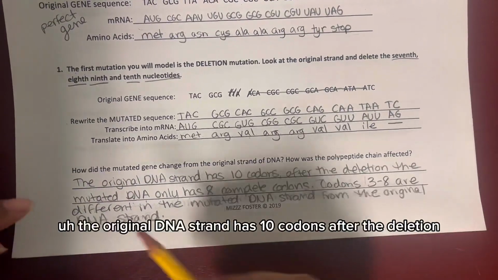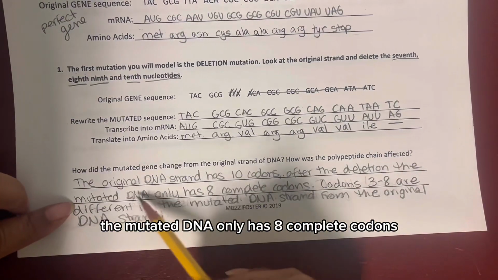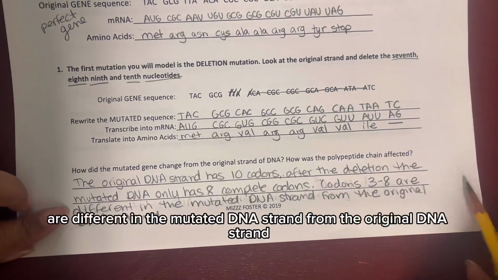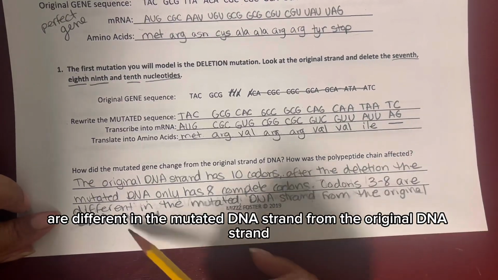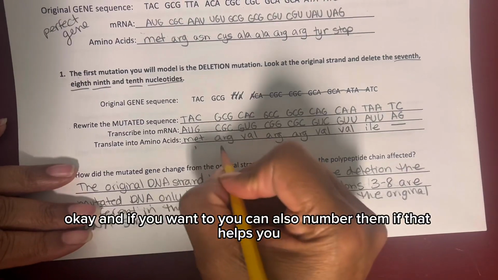Okay? The original DNA strand has 10 codons. After the deletion, the mutated DNA only has 8 complete codons. Codons 3 through 8 are different in the mutated DNA strand from the original DNA strand. Okay? And if you want to, you can also number them if that helps you.